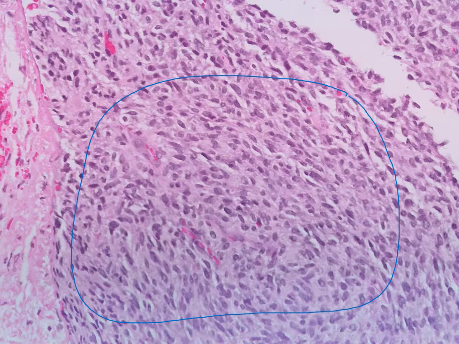What you can see is just a very hyperchromatic kind of nucleus, interspersed together. You cannot delineate the cytoplasmic outline or the cell membrane of the tumor cell.